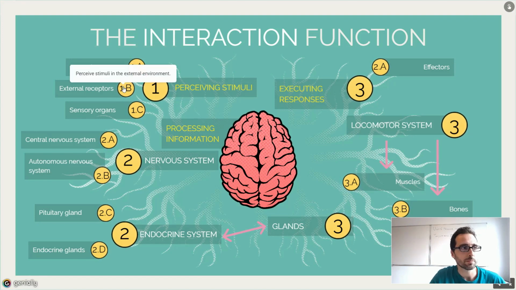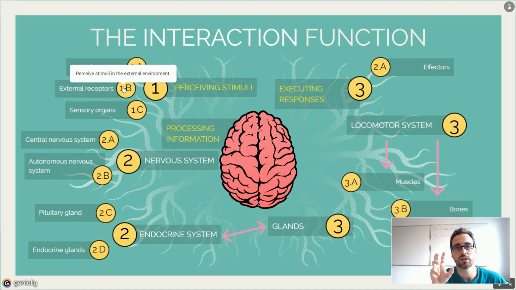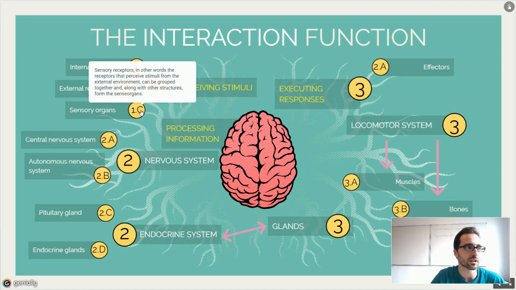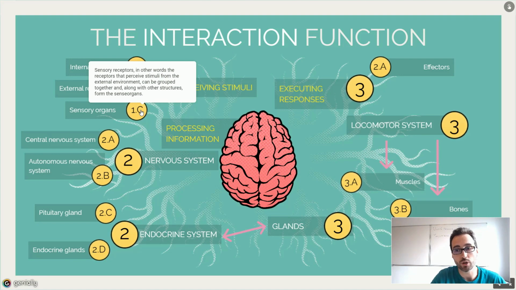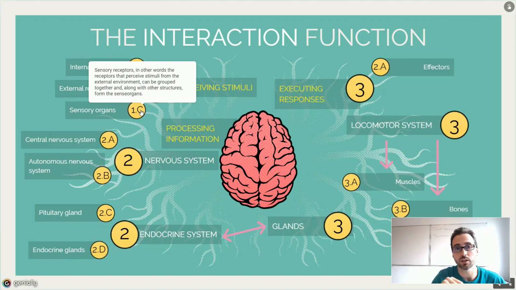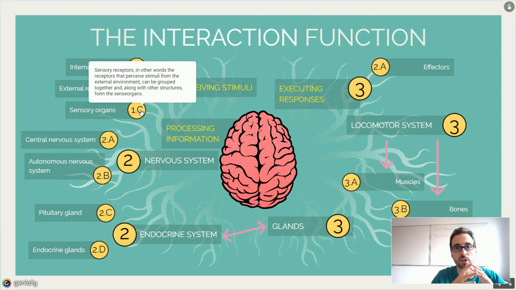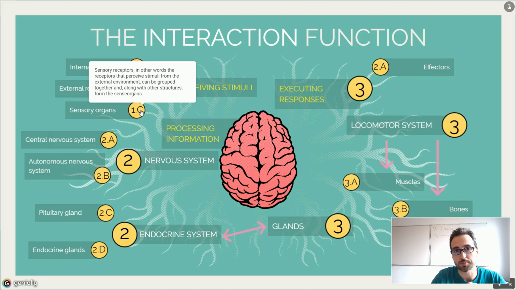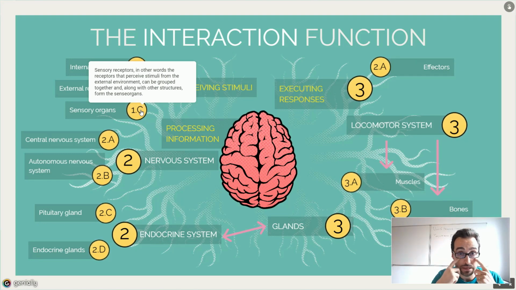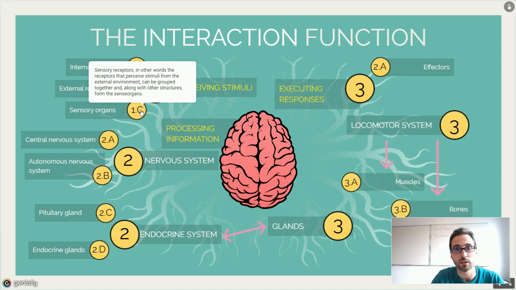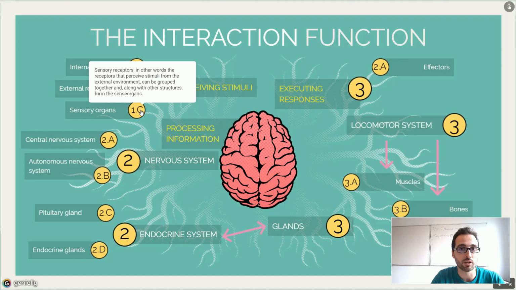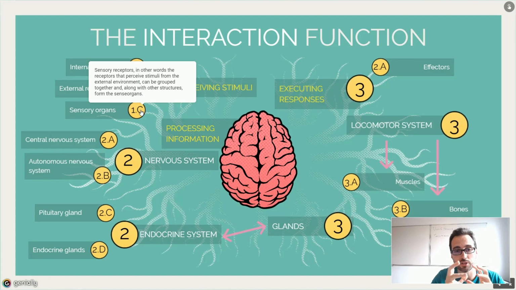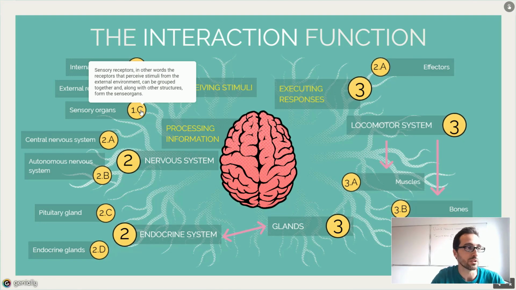The external receptors take the information from the external environment, and the sensory organs are organs in which you can find a lot of sensory receptors joined together just to perform a specific function. Remember the eyes, the ear, the smell, the taste. These senses are composed by several receptors that are grouped together just to do this.